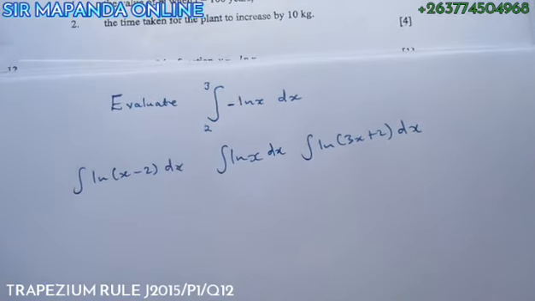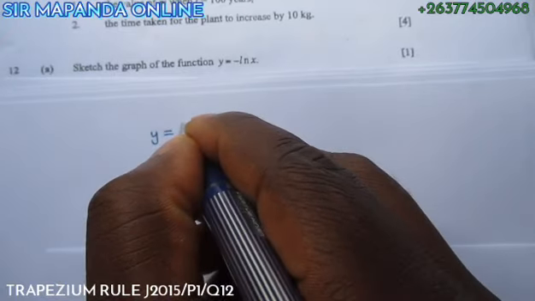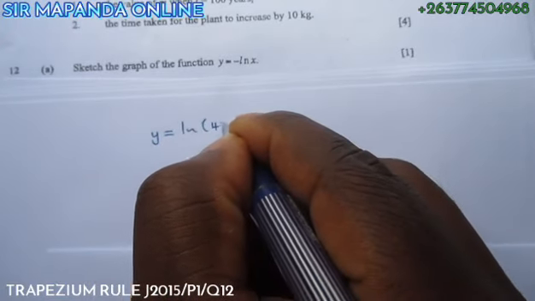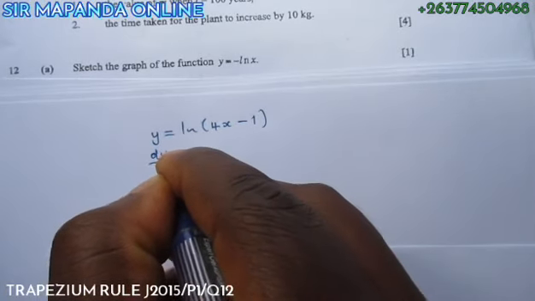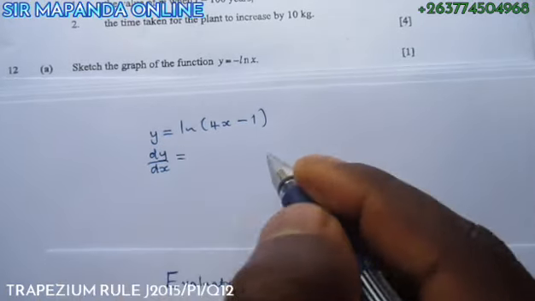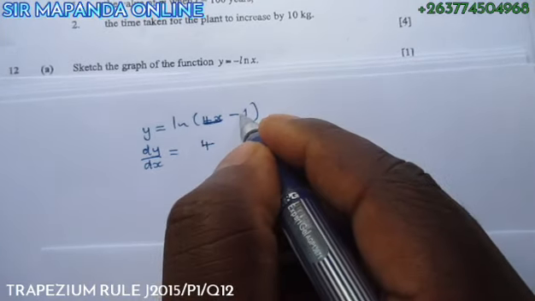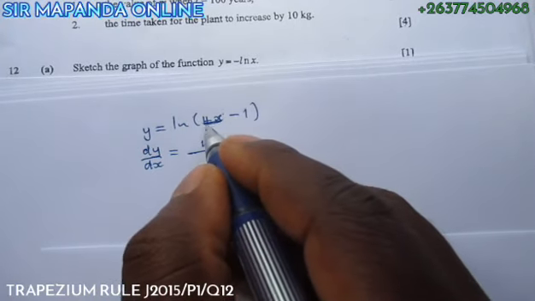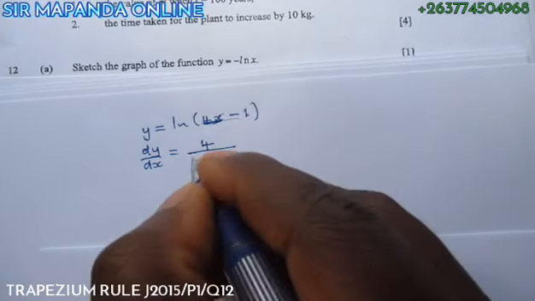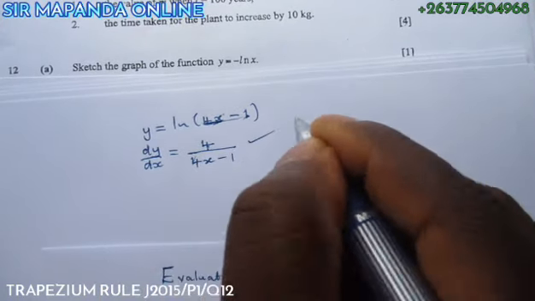there is no direct integral of ln, as with the derivative. Remember, for differentiation, if you have ln(4x minus 1) and you want to find dy/dx, you first of all find the derivative of 4x, which is 4, and the derivative of minus 1 is 0. So you divide the derivative of 4x minus 1, which is 4, by 4x minus 1, and this is your answer.